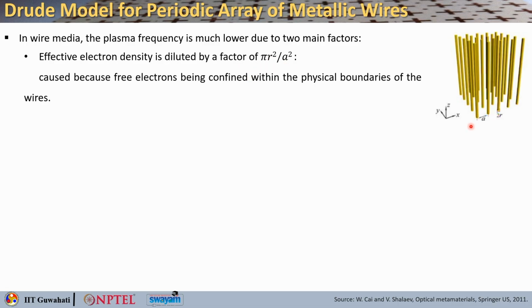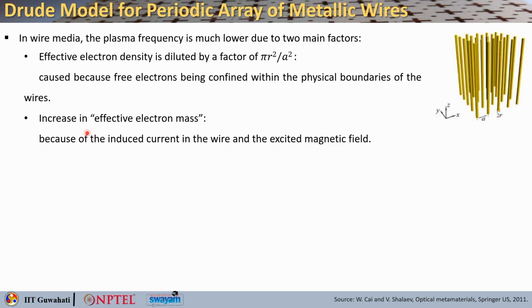If you take an equivalent square area, the only region within this a square that has electrons is the metallic wire, and the area of that is pi r square. So, this factor tells you the effective electron density, and it arises because free electrons are confined within only the physical boundary of the wires.